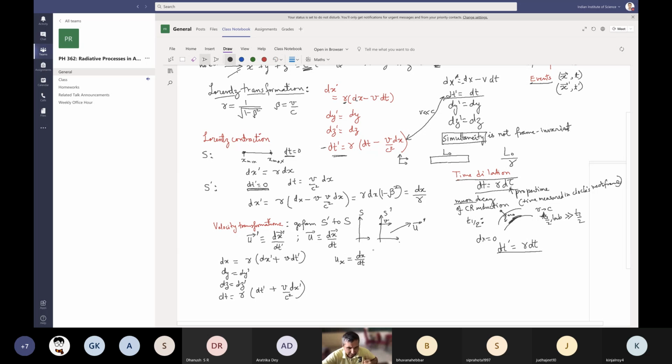This is the definition. So we just take the ratio of these two. What do we get? We get dx prime plus v dt prime divided by dt prime plus v dx prime by c squared.